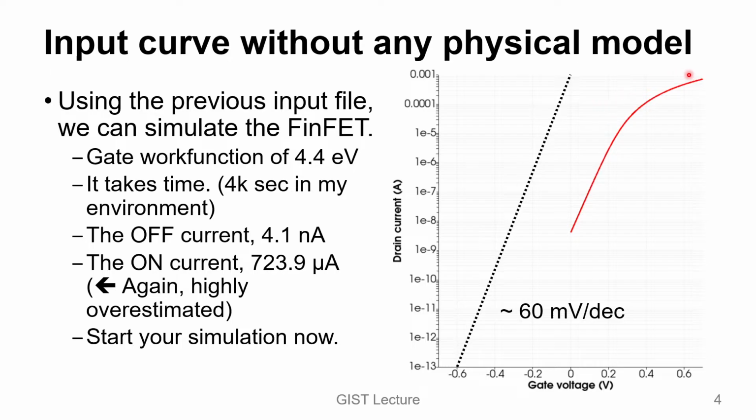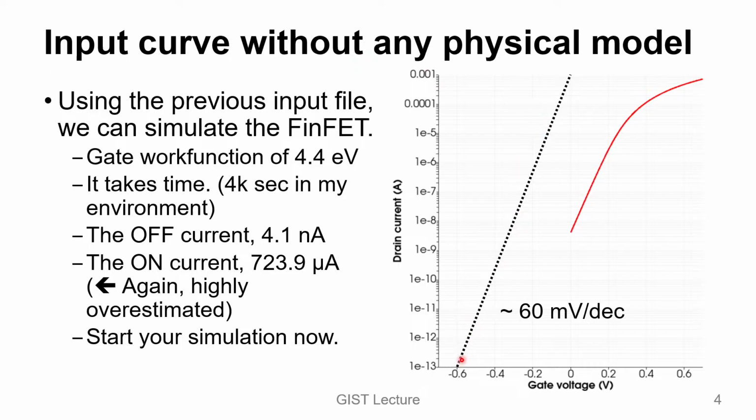And after that, here we have popping. For one single fin, we have more than 700 microampere. This is really insane value, so we cannot trust it, but it is obtained only because we have simulated this device without any physical model.